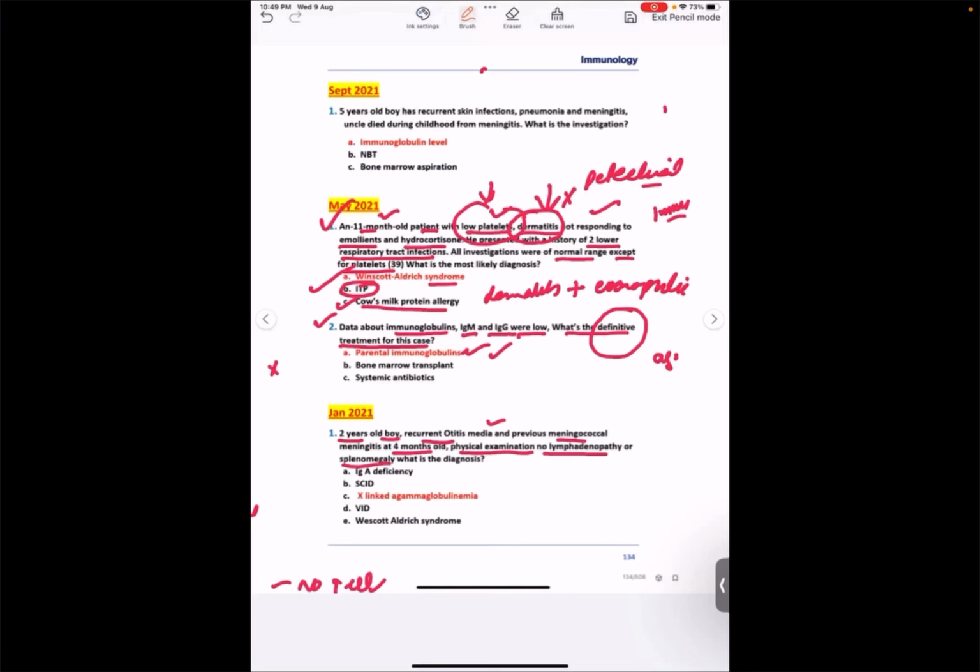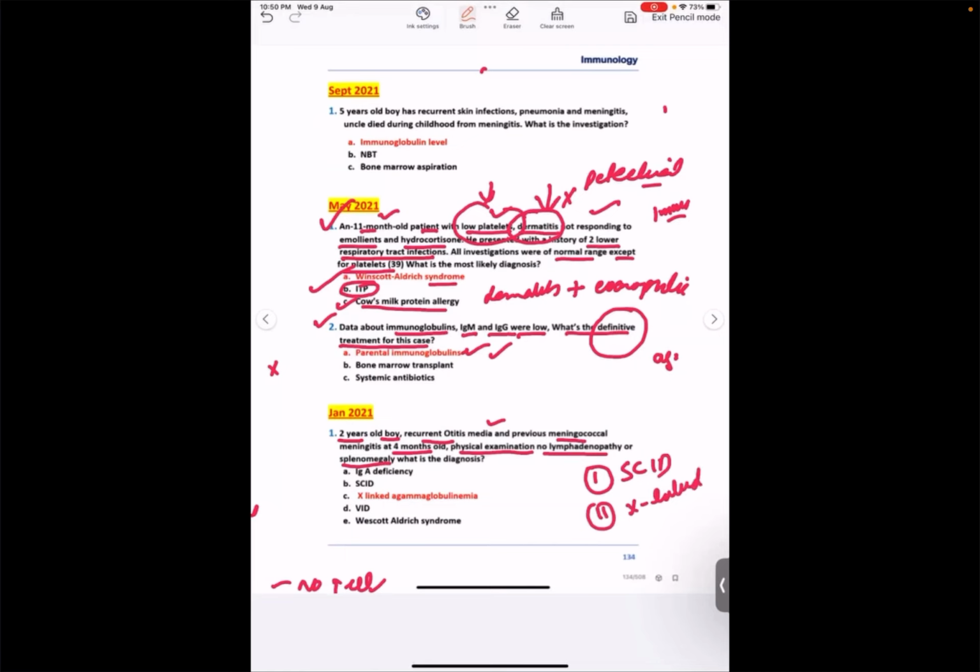I talked about this earlier: whenever you have infection, there must be activation of your lympho-reticuloendothelial system in the form of lymphadenopathy or hepatosplenomegaly. Whenever you have infection without hepatosplenomegaly and lymphadenopathy, you must think of two immune deficiencies. Number one is SCID, right? And number two is X-linked agammaglobulinemia.